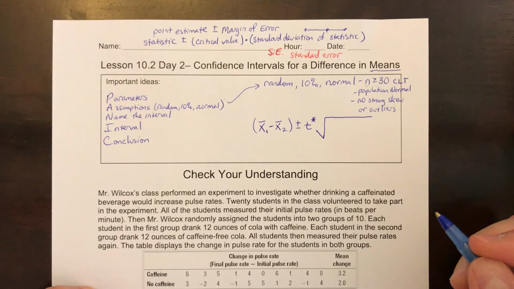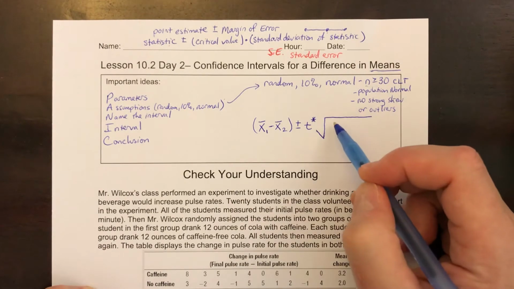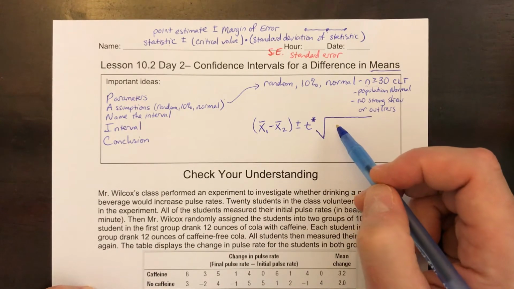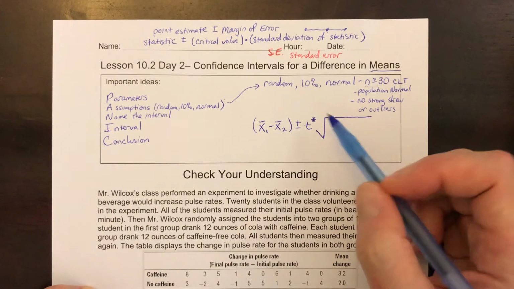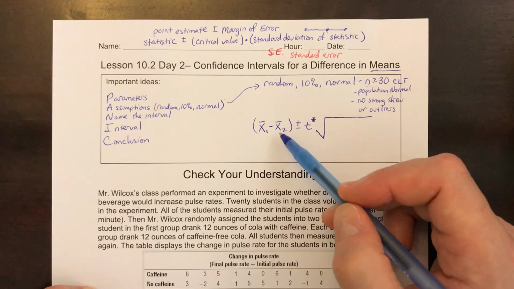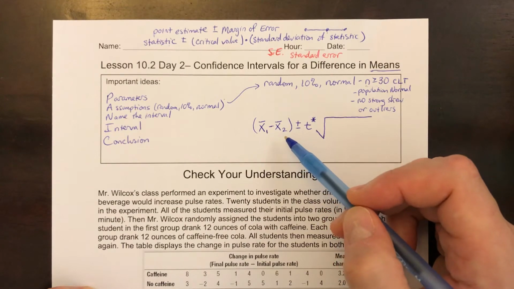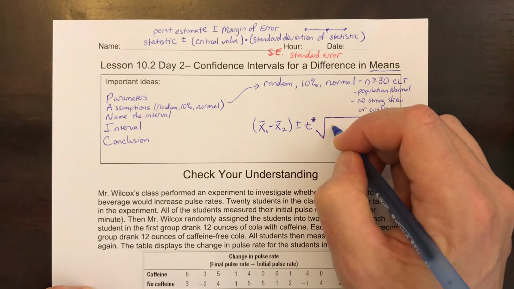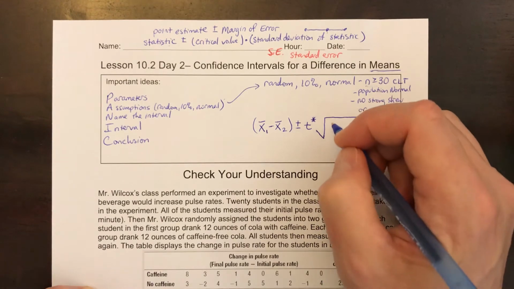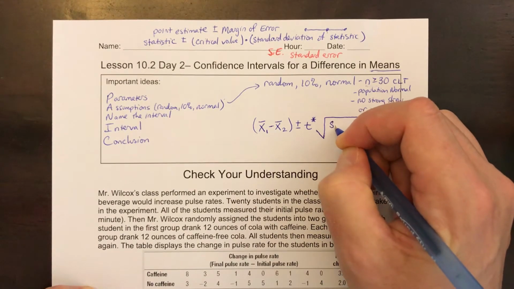Now, on the sheet that we just did, we were using the population standard deviation. But most of the time, we don't know that. Well, that's why we're doing a confidence interval, is we're trying to estimate where the true mean is. So since we don't know the standard deviation, we use the sample standard deviation.